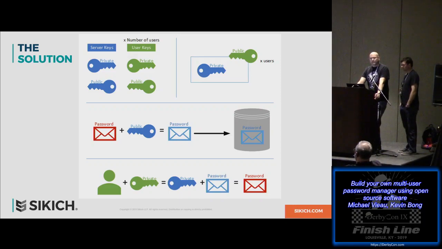They look up the client information in the database. They use their private PGP key, which can decrypt the server's private PGP key. I always get this messed up. The private PGP key of the server, which then can decrypt the password and give you the raw output.